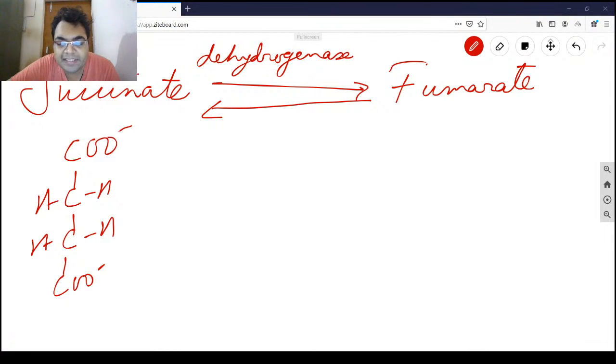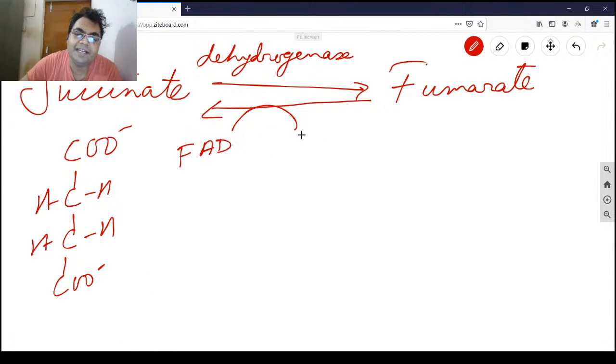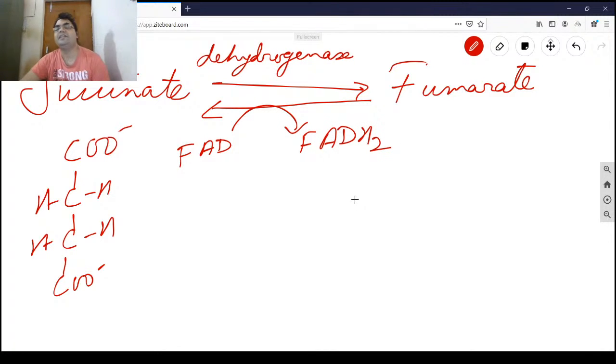And then you will be using the enzyme succinate dehydrogenase, and here a very special molecule will be used. We will not be using NAD plus, but we will be using FAD as the electron acceptor. So FAD will get reduced to FADH2. Flavin adenine dinucleotide will become flavin adenine dinucleotide dihydrogen.